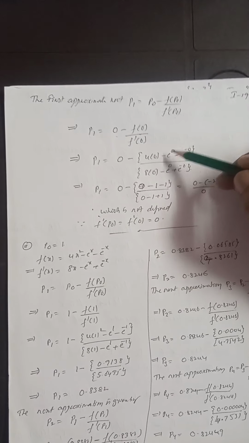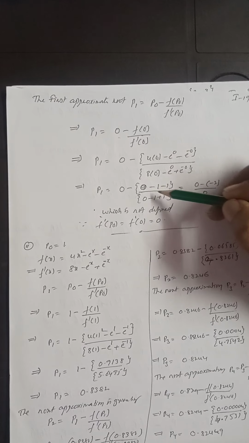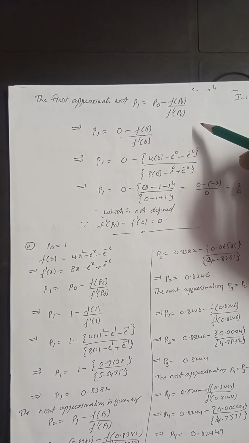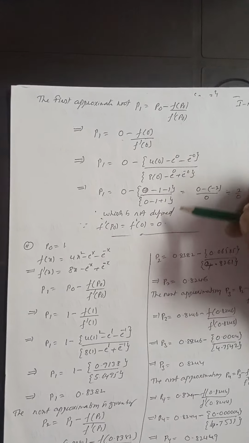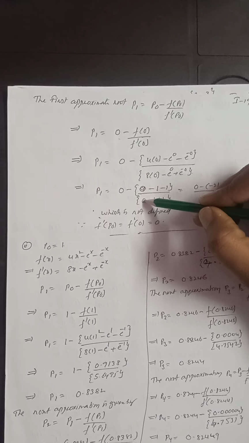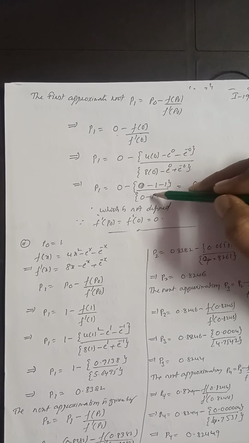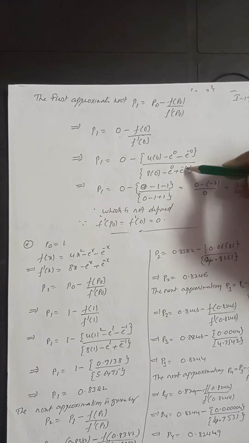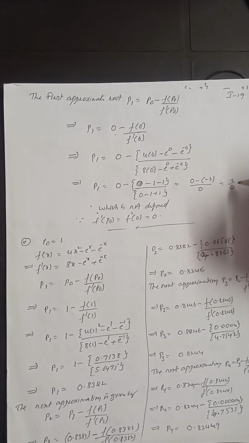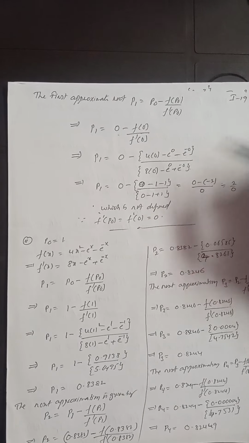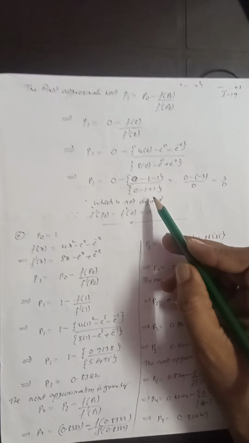4 into 0 is 0, e power 0 is always equal to 1. Something to the power of 0 is always 1. Now minus 1 here. In the denominator, see, 8 into 0 is 0 minus e power 0 is 1 plus e power minus 0 is also 1. Now here minus 2 by 0, minus 1 and plus 1 get cancelled.